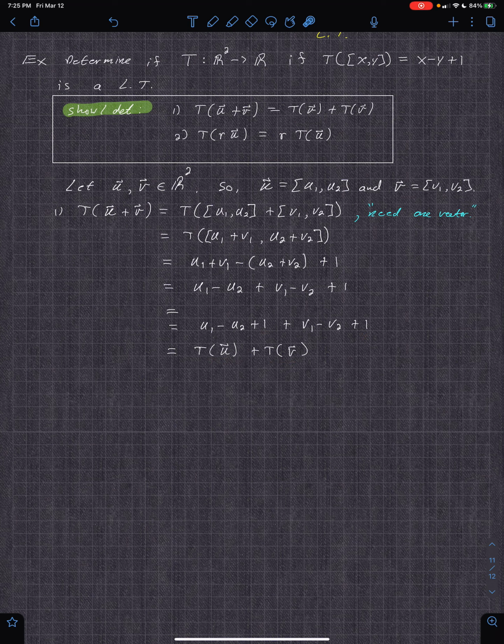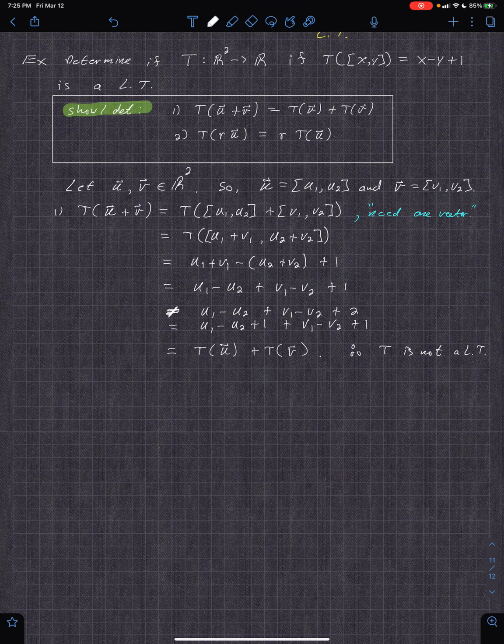It's pretty clear now: u1 minus u2 plus v1 minus v2, but then you get plus 2. These are not equal. So therefore T is not a linear transformation.